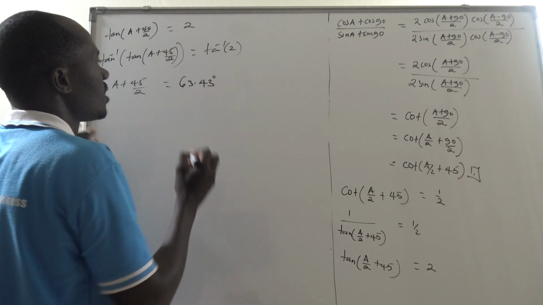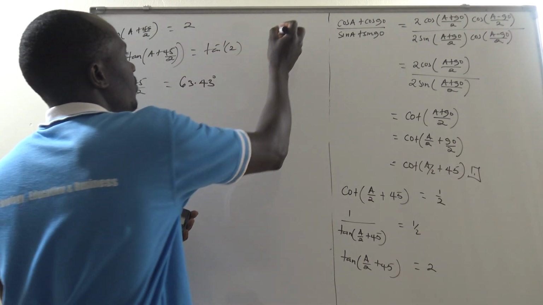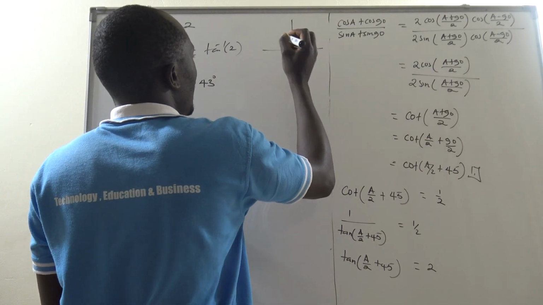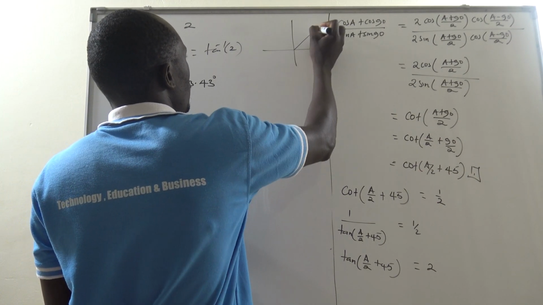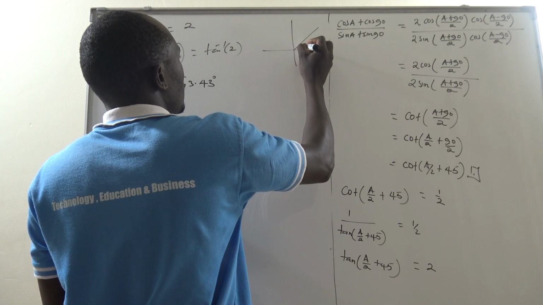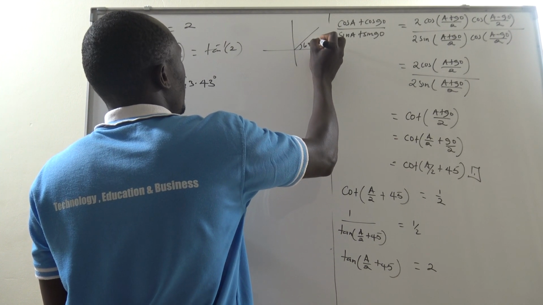So our angle is 63.43 degrees. We go back to our quadrant system and check where tan is lying. We said all are positive in the first quadrant, so the first one is 63.43 degrees.